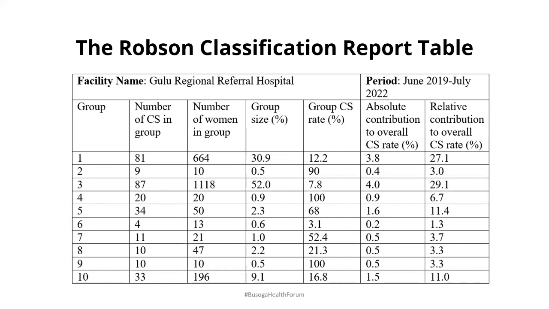Then the question is, why would they be among the leading contributors to the overall cesarean delivery rates, as you can see from the table, having 27.1%? Group 3 likewise is also a relatively low risk group. The question comes, why is it still among the leading contributors to the overall cesarean delivery rates? That's how you start to tease out and come up with a strategy or evidence-based intervention to optimize the use of cesarean delivery at your facility.